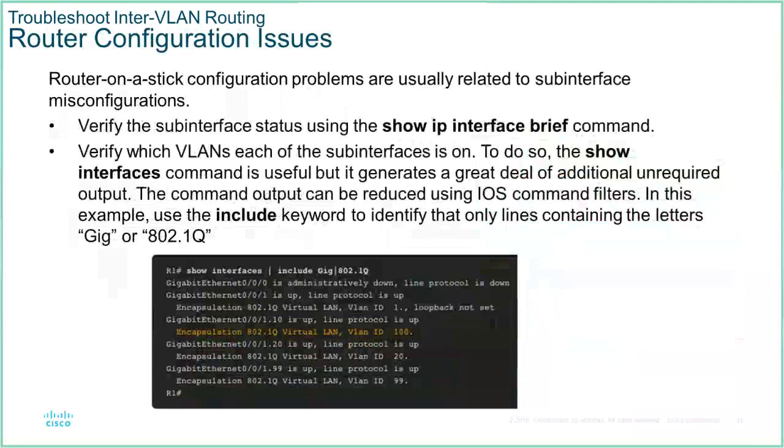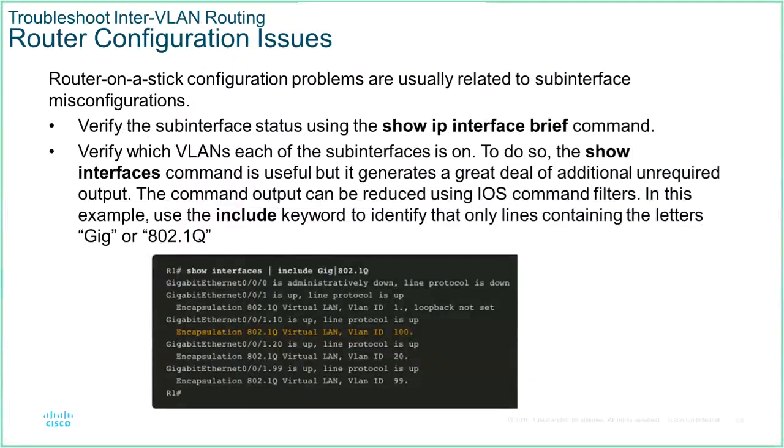In our configuration, we're basically doing a show interfaces, including our trunk ports and trunk interface. We have our gigabit 0/0 being down, our 0/1 is up. It's using the trunking protocol. It's got VLANs 1, 10, 100, 20, and 99.